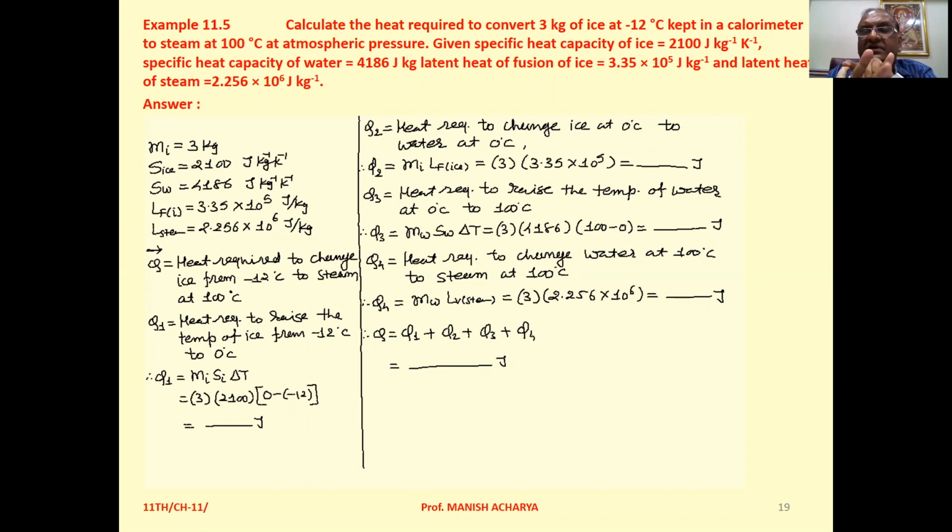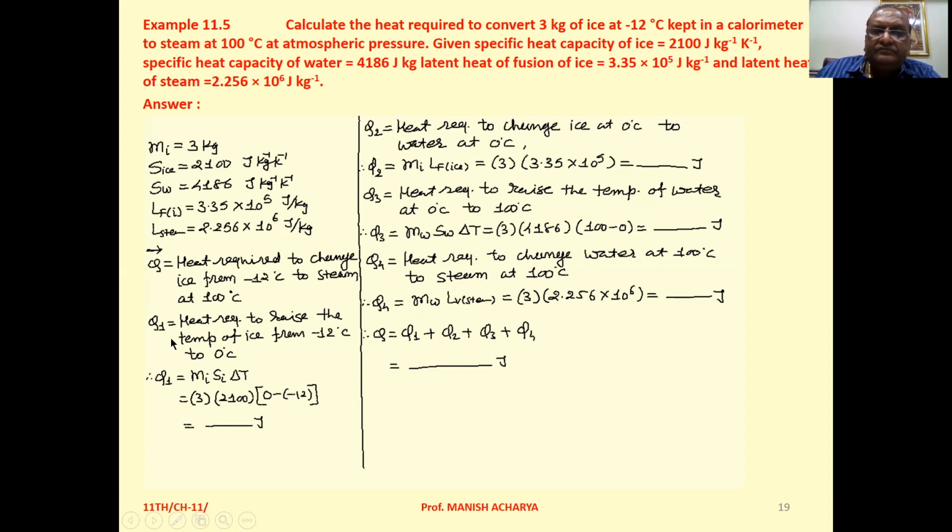And then after, the water at 100 degrees Celsius will be transformed to steam at 100 degrees Celsius. Now, Q, the total amount of heat required to change ice from minus 12 degrees Celsius to steam at 100 degrees Celsius, that we want to calculate.